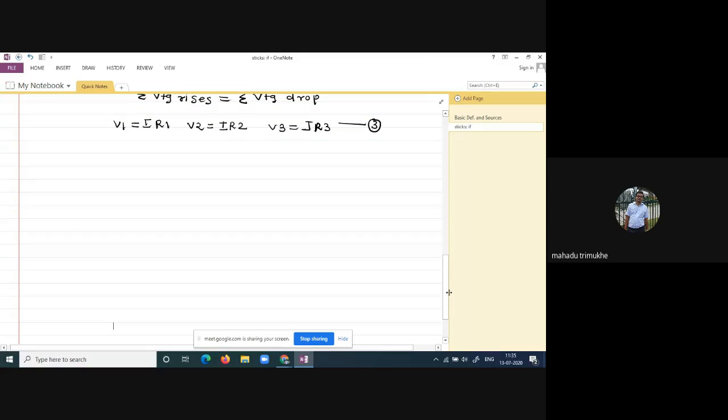Suppose we can simplify this equation: VA plus VB, the summation of your voltage sources, is equal to, taking the common current flowing through the different resistors, I times R1 plus R2 plus R3.